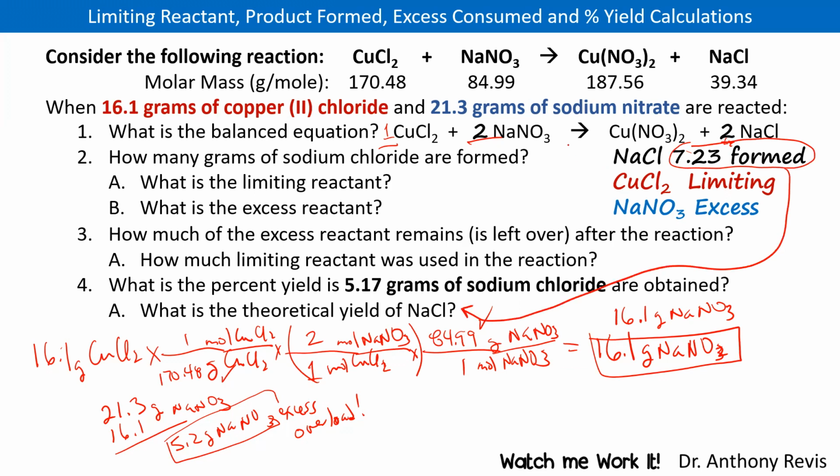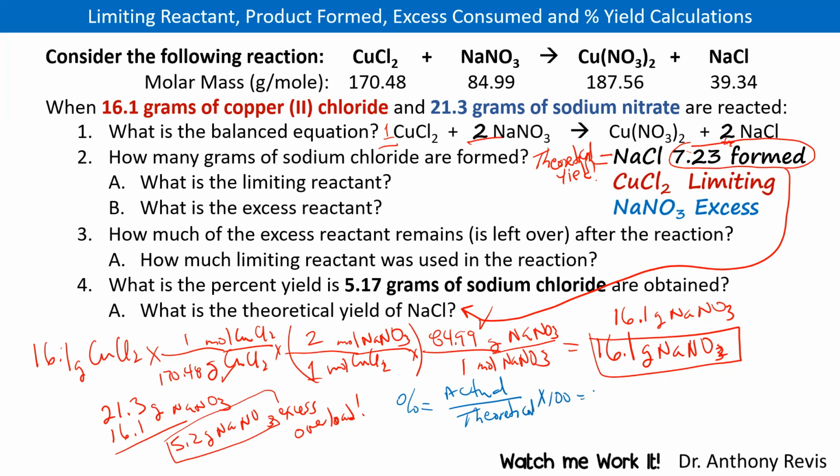So as soon as you find your limiting reactant, make a little note. Say, this is my theoretical yield. You'll need it later in most of these calculations. So let's take that theoretical yield and see if we can do a little math with it. Percent yield equals actual divided by theoretical, always times 100.